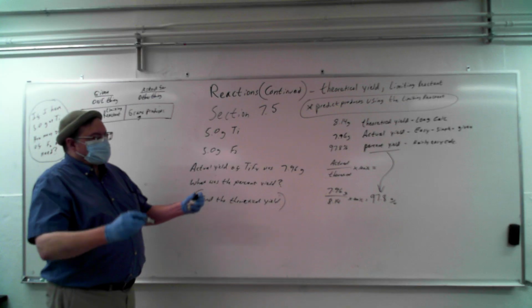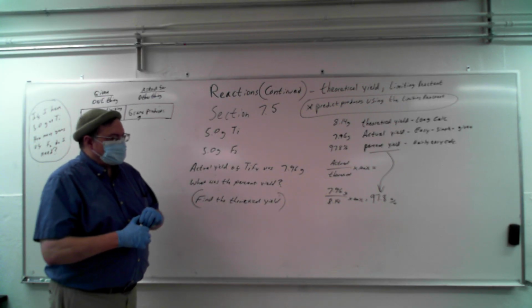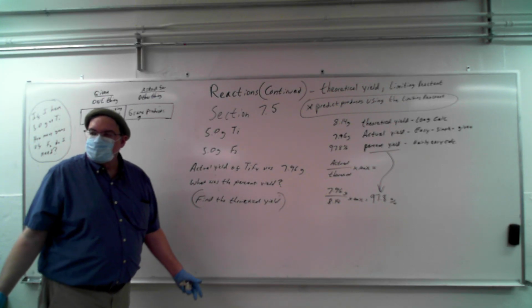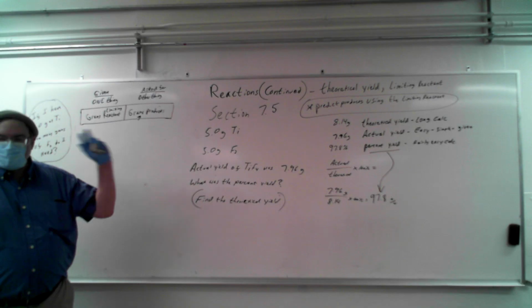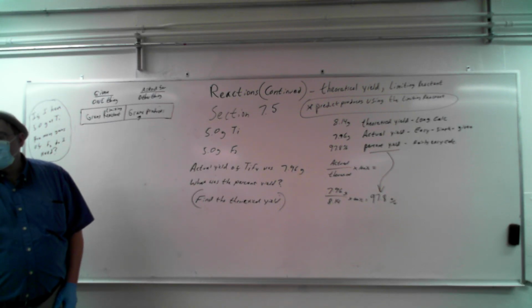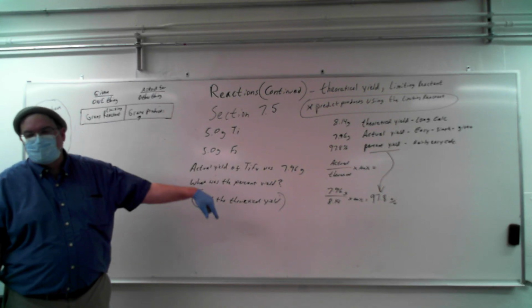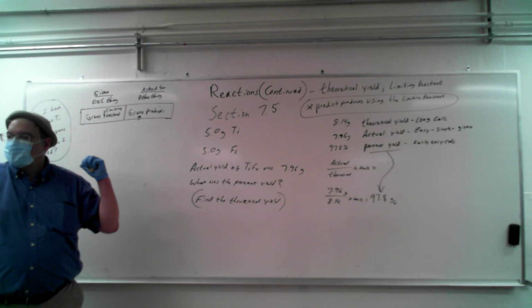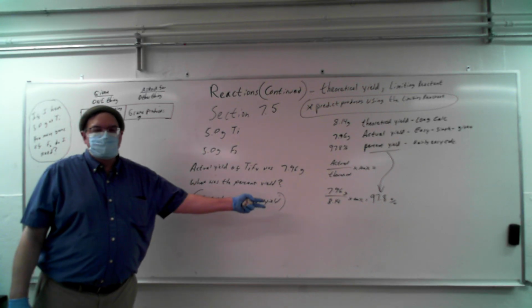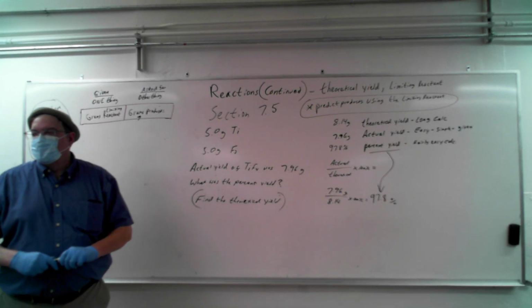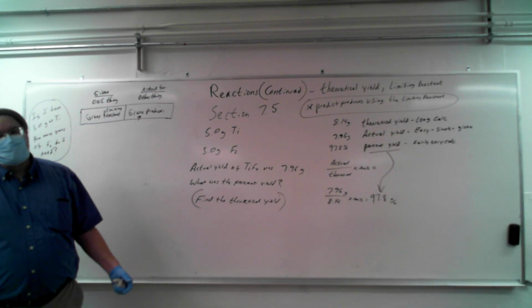So realize for all these concepts, the actual yield and the percent yield are pretty simple ideas. The theoretical yield is the long walk. You gotta find your limiting reactant, and once you find that, you gotta predict your product using the limiting reactant. And then you've got your theoretical yield. And then the actual yield is usually just given.